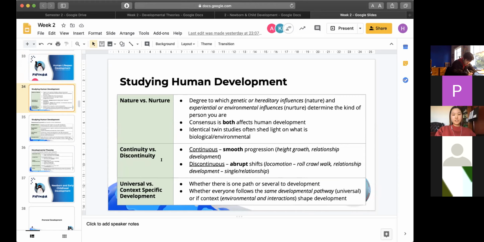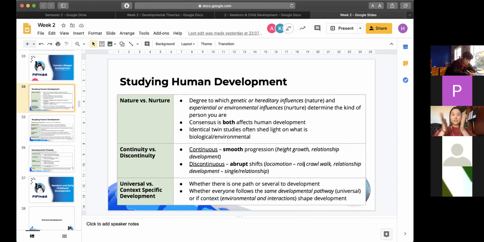Continuity versus discontinuity. Something that is continuous is a smooth progression, like height growth or relationship development. Something discontinuous has abrupt shifts, like really defined stages of development, such as the development of locomotion. You go from rolling to crawling to walking.